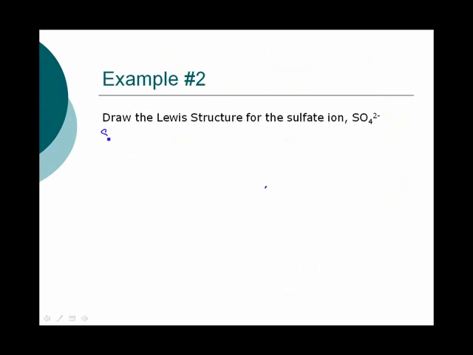We have a sulfur plus 4 oxygens, plus we have 2 extra electrons because the charge on this molecule is 2 negative, 2 extra electrons. So sulfur provides 6, each oxygen provides 6 electrons, plus we have 2, and so we have 24, 30, 32 electrons.